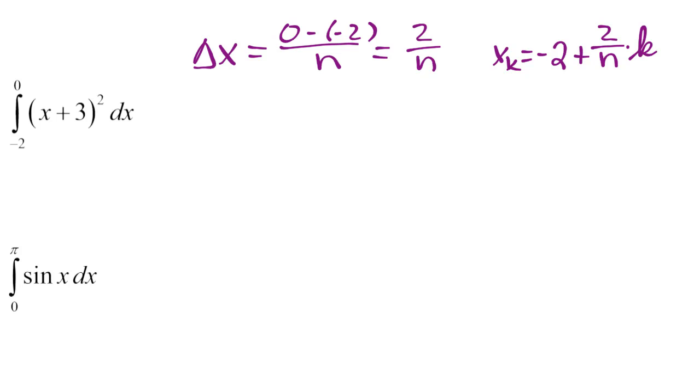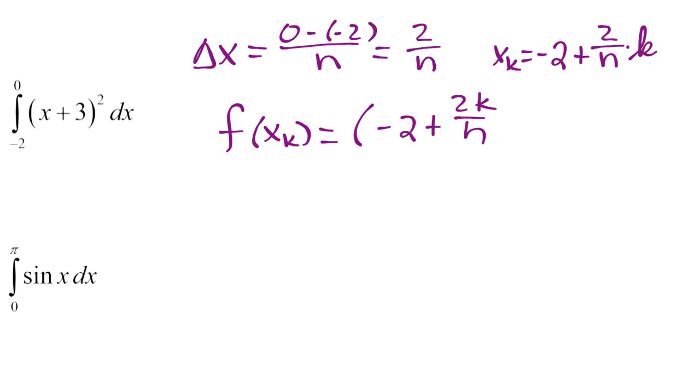All right, f of x sub k is equal to negative 2 plus 2k over n. That's my x. I'm plugging into this. This is f of x. X plus 3 squared is f of x.